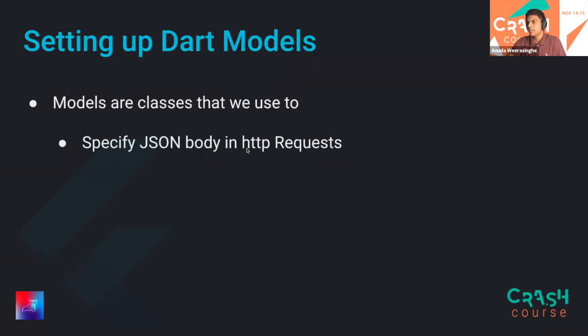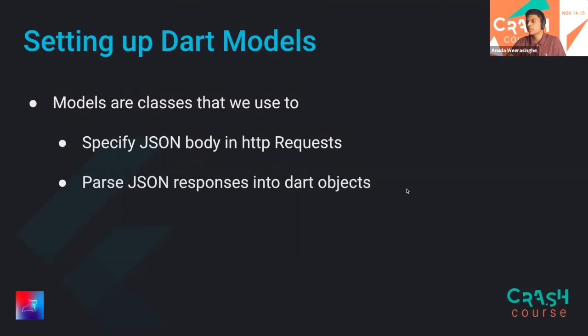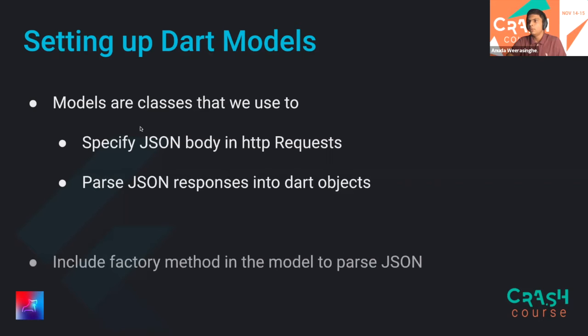You can set up Dart models to specify JSON bodies in HTTP requests, and you can also use Dart models to parse JSON responses into Dart objects really easily. This makes it much easier to access data from API responses without making too many errors. The way we will do this is by including a factory method in the Dart models that we specify, and this will help us parse the JSON.